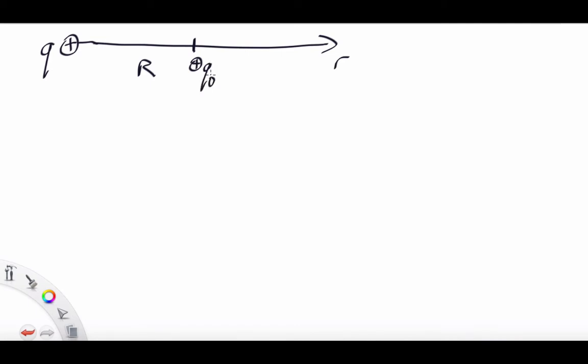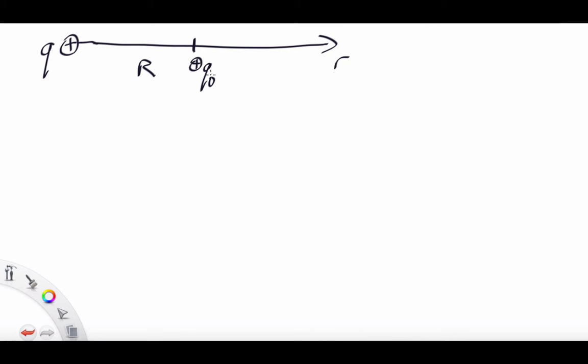So I'll start with a positive charge here, Q, and I'm interested in knowing the potential energy at a point a distance away from Q. The distance I'm interested in, I'll call it R. We're heading out here, and that direction we'll call the R direction, but a certain distance along it, capital R, this is where I'm going to test the potential energy, and I will do that with a test charge plus Q0.